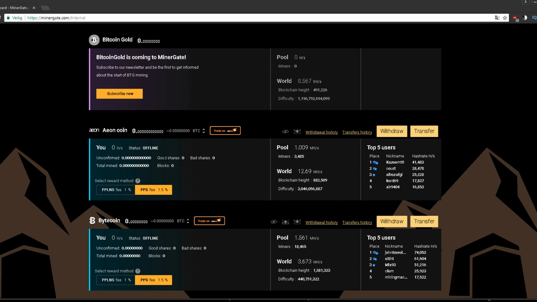So every good share you put in, the unconfirmed amount will change. And once this has hit the threshold, it will go to the balance, which then you will be able to withdraw or transfer.